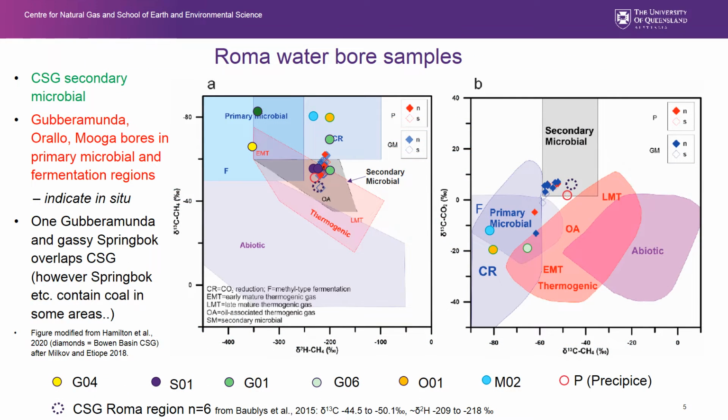This is showing the Roma region water bore samples. The coal seam gas is in the secondary microbial region, where we're looking at plots of delta 13C versus delta 2H, and also 13C of CO2 versus 13C of methane.